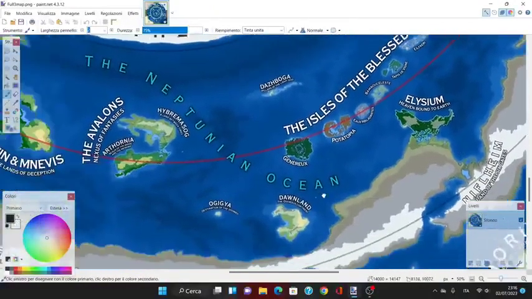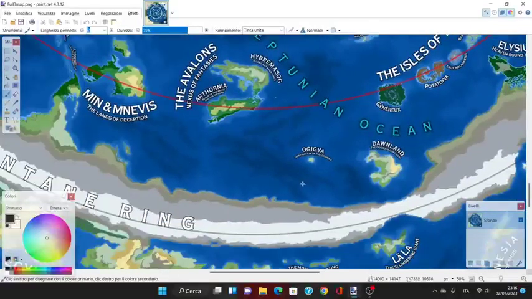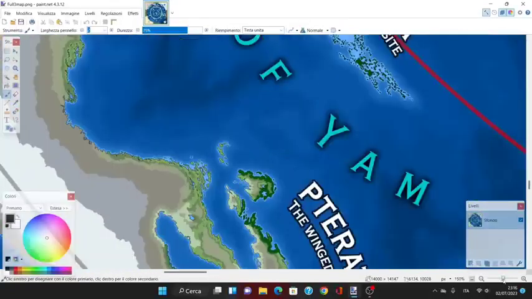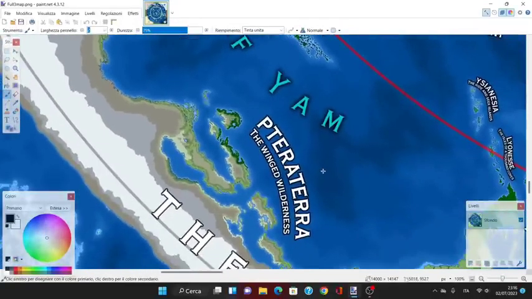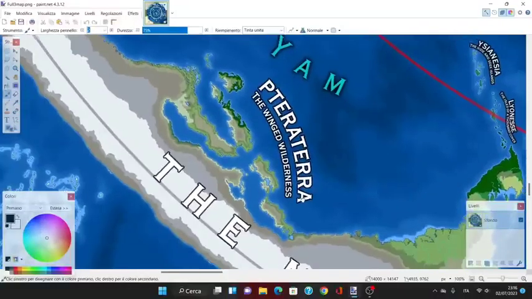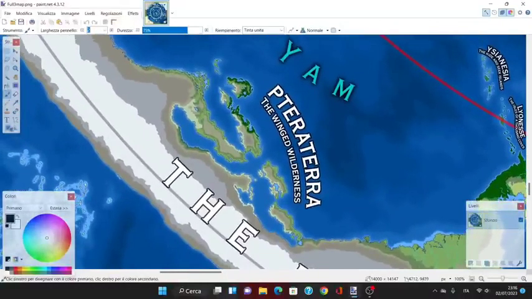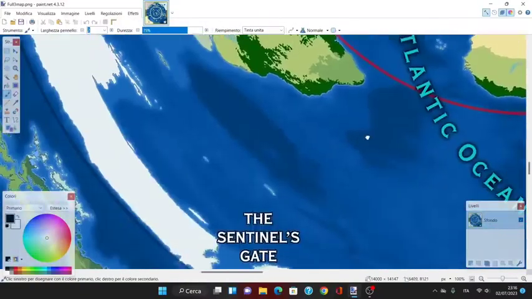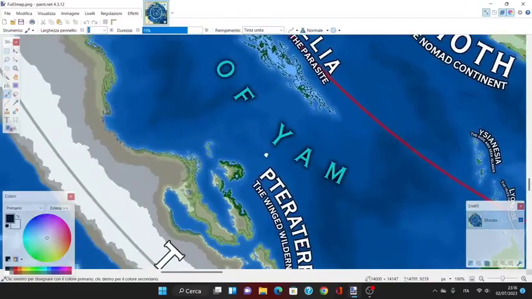But then we have things we didn't talk about because we just kind of skipped them in the original saga. So we have things like Ptera Terra, the winged wilderness. If I remember correctly, Ptera Terra was the land of a diverse species of birds that differed from the mainland and developed completely differently from the rest of the world.